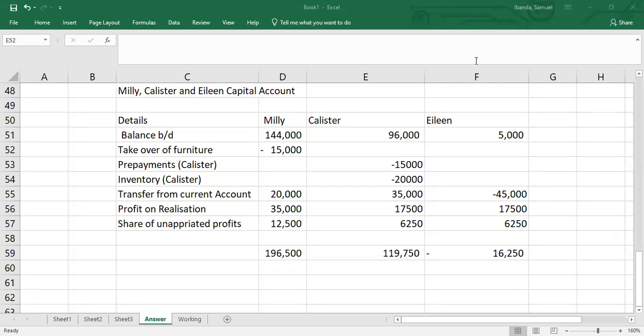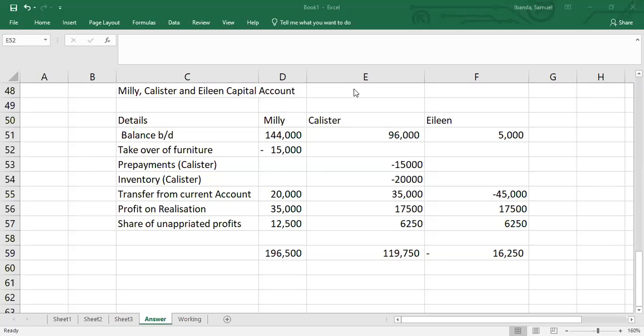Thank you, Samuel. Let me try this. We first get a total for Millie plus that of Calista. Then we divide each, then we multiply by that of Ellen, of the 16,250.